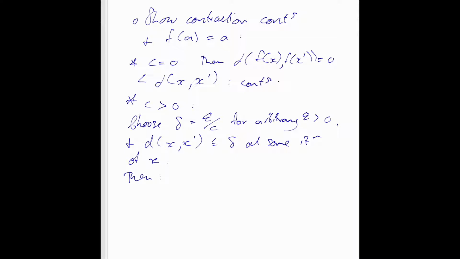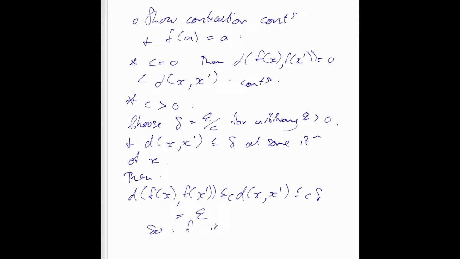Then this means that the distance between the f of x and f of x prime terms, or point, will be less than or equal to c times the distance between x and x prime, which is obviously less than c times delta, which is equal to epsilon. And this proves that f is continuous.